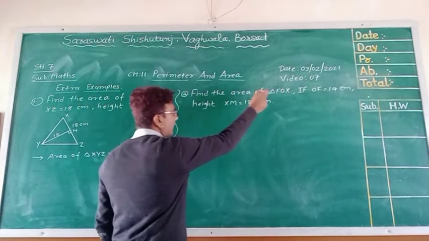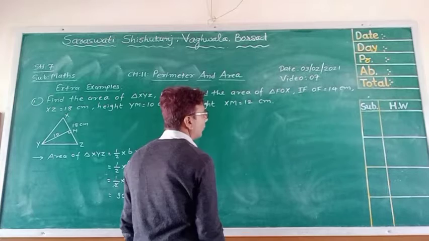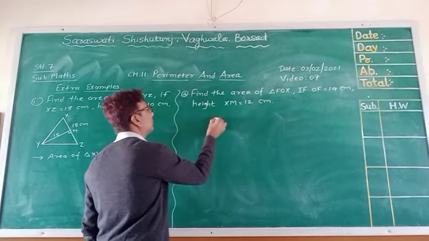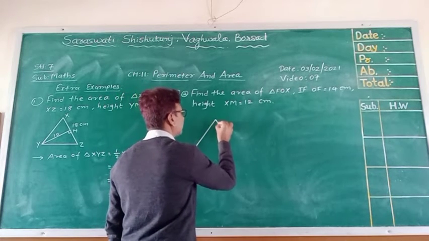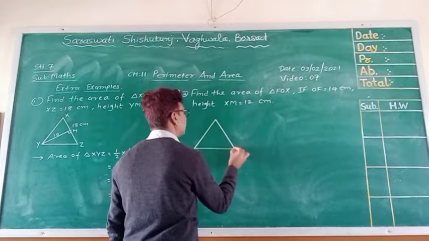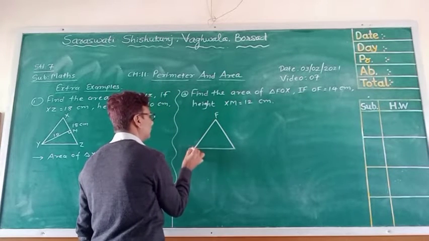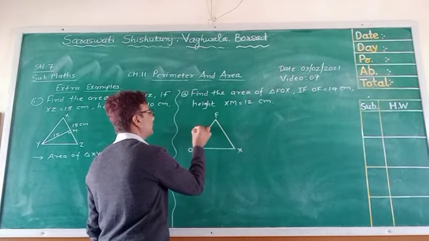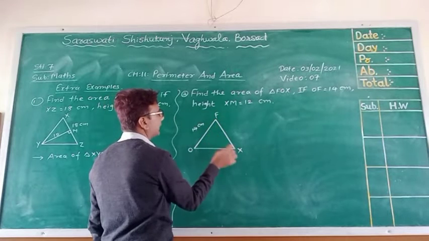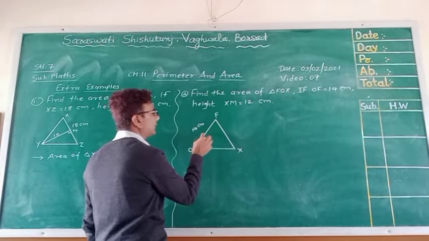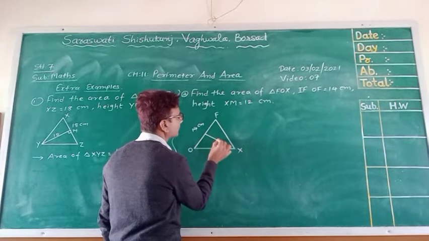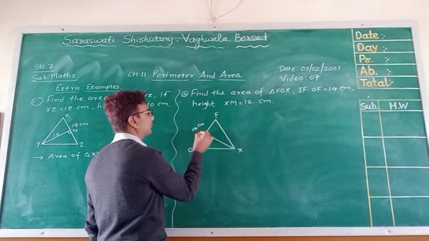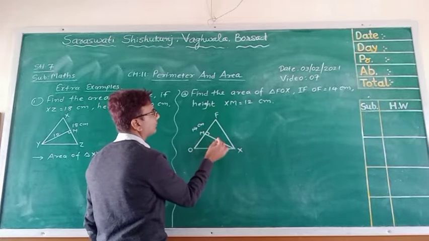Now find the area of triangle FOX if OF equals 14 cm and height XM equals 12 cm. First we will draw this triangle FOX. OF is 14 cm, and height XM means we have to take the corresponding altitude. Altitude means we have to draw a straight line, not a slanting line. XM measurement is 12.